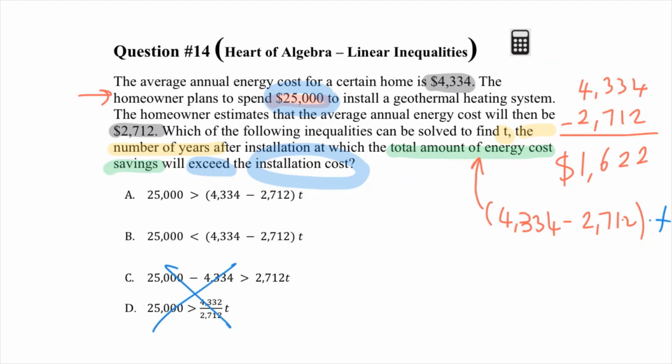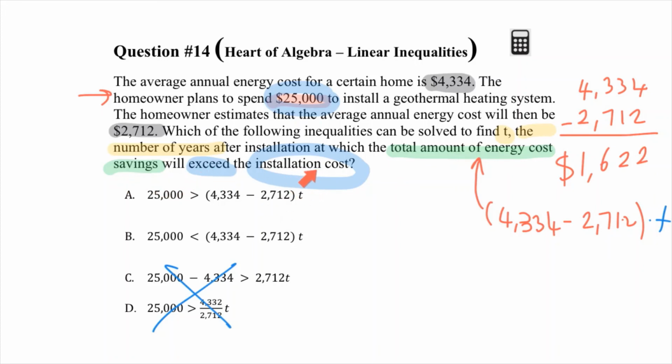Now I will check A and B. What I want is for the total amount of energy cost savings to exceed, to be greater than 25,000. So we are going to read left to right. I want 25,000 less than the total amount of energy cost savings. This is another way to read it, because again, the total amount of energy cost savings will be more than the installation cost.